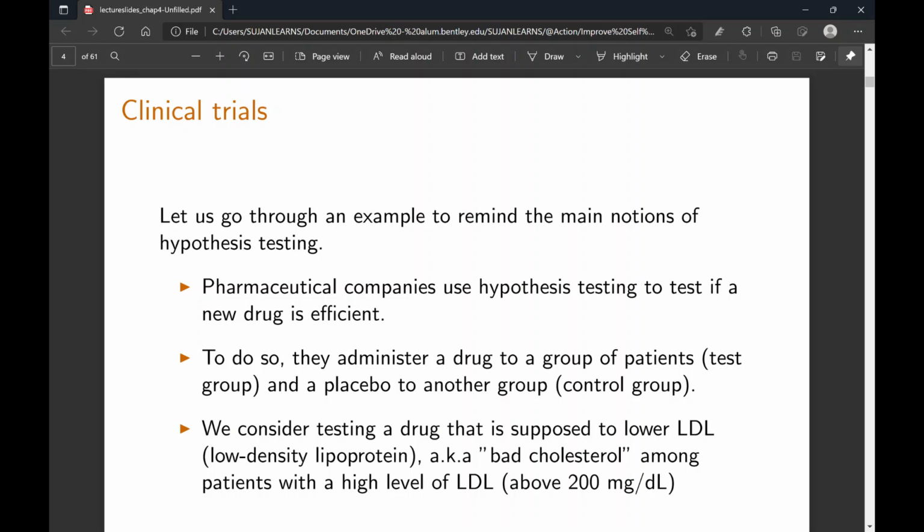So we are creating our own benchmark by giving a placebo to a group of recruits and using that as a benchmark, and using another group as our test group. Here we are looking at a very specific type of drug. It is supposed to lower LDL compared to the placebo.